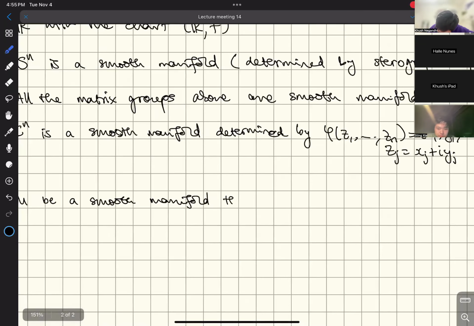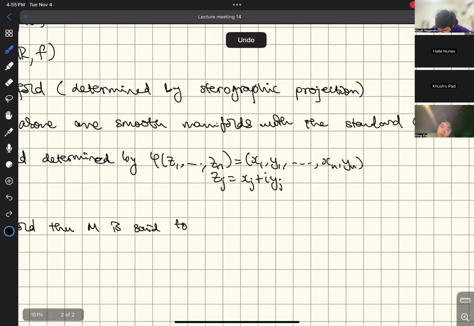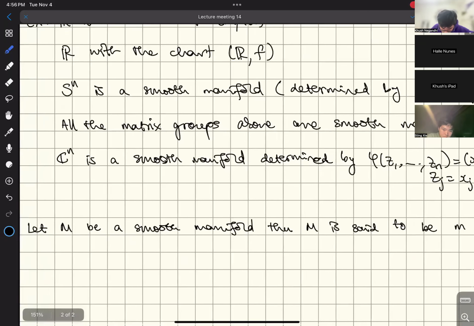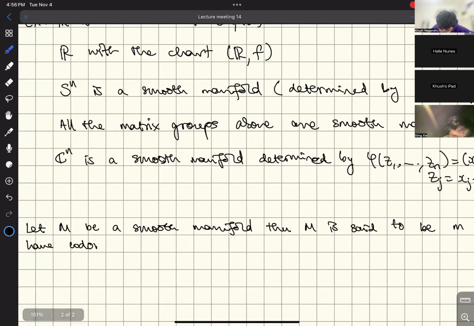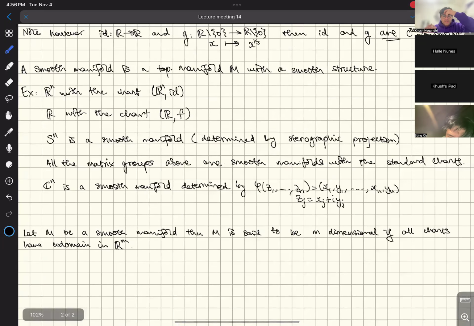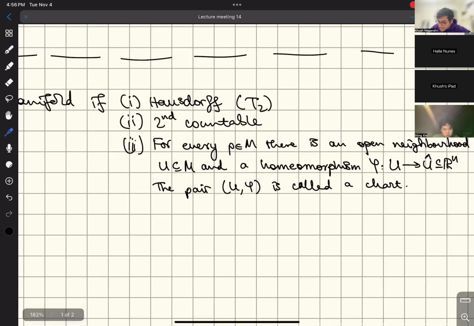Then M is said to be m-dimensional if all charts have codomain in R^m. So all charts have their codomain in R^m. If we go up to the definition of a chart, this is the same for every point.